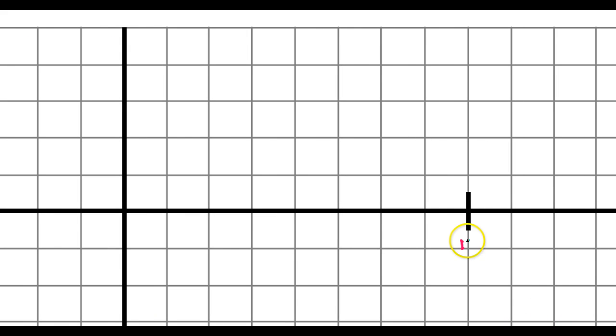So let's go ahead and put pi over 2 on the graph. That makes this halfway would be pi over 4. That makes this pi over 8. And that makes this 3 pi over 8. It's always 3 times this for this one. So now we've labeled it.